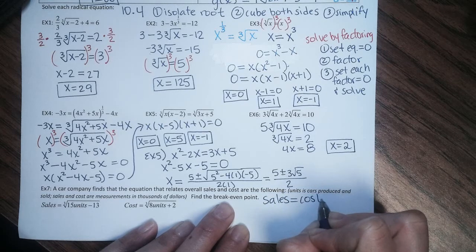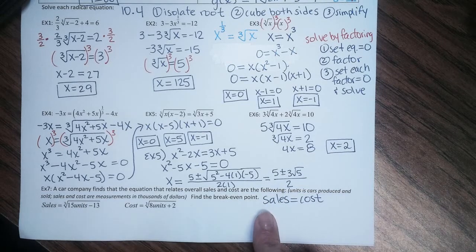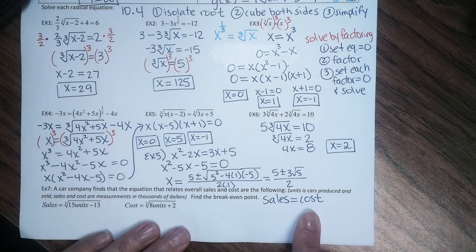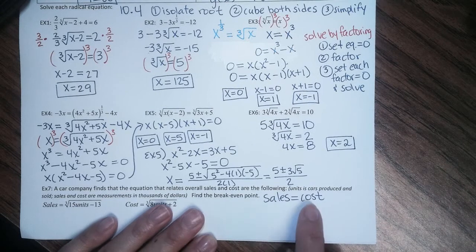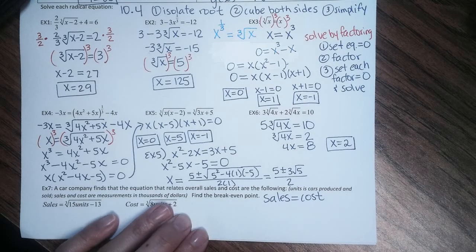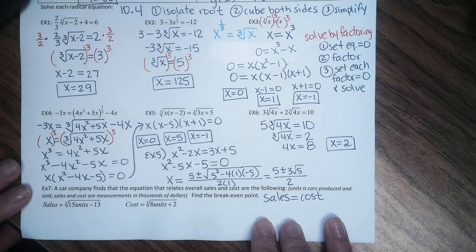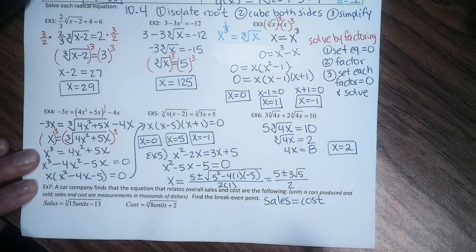In other words, if you own a business, how much you sell equals how much it costs you to make the business run, then you're breaking even. If you do own a business, you don't just want to break even, you want your sales to be more than the cost so that you can actually make a profit. But right now it just says find the break-even point.